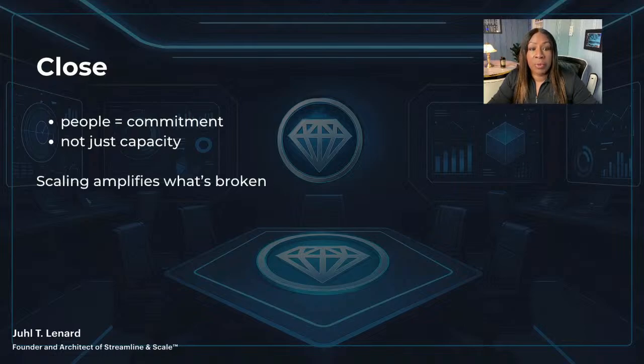Scaling amplifies what's broken. Diagnose before you deploy. So if this situation resonated with you, then the place to begin is with the snapshot.